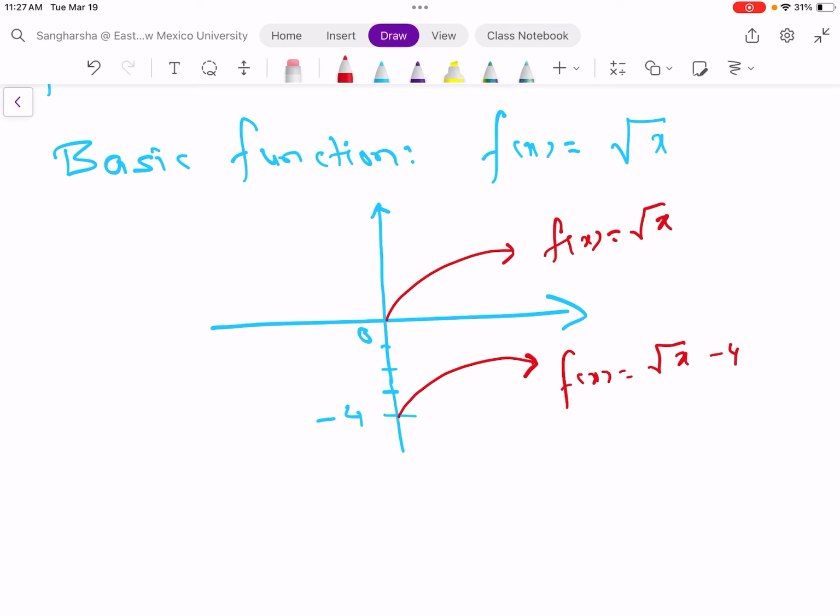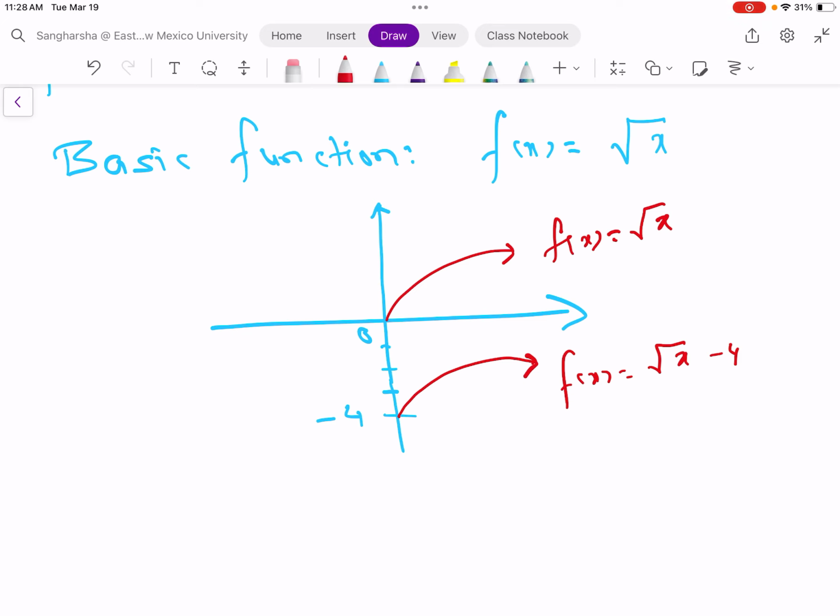So when we subtract a number from a function, we shift our graph vertically down. When we add a number, we shift our graph vertically up. So this is the one transformation. Once you know the basic function, and if there is any number added or subtracted, you can use this concept and have a final graph.